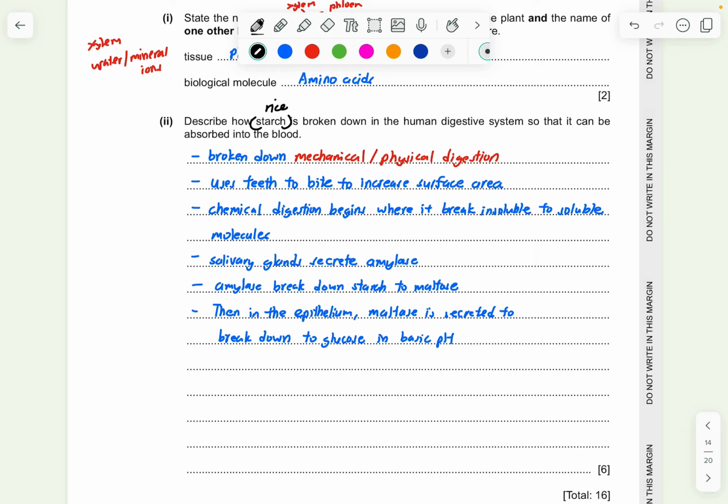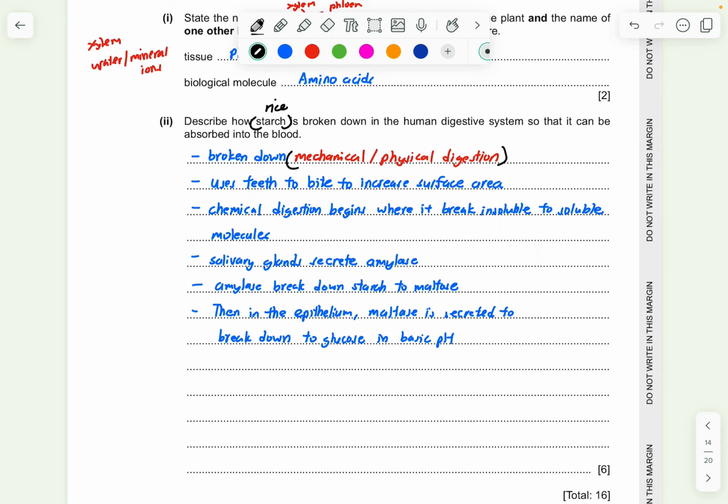It will be broken down by mechanical or physical digestion. The surface area becomes larger because of your teeth biting, grinding, and crushing it. So it increases the surface area, so the enzymes can act more efficiently.